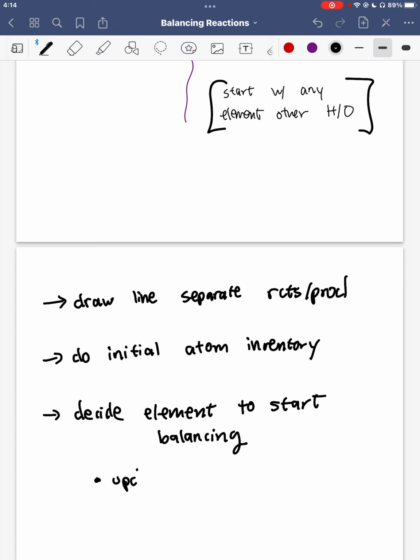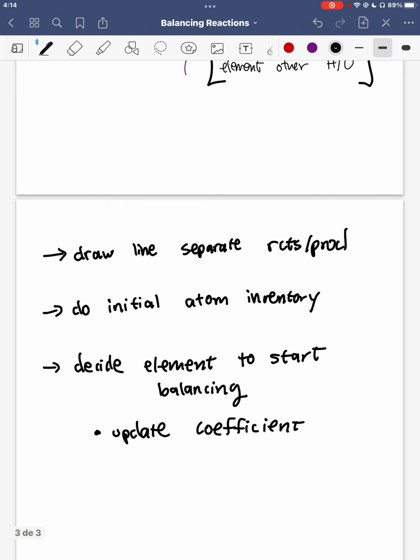I update a coefficient wherever I need more of a certain type of atom. I choose the molecule that will give me more of a certain type of atom. And then immediately, as soon as I've updated my coefficient, I update my atom inventory.